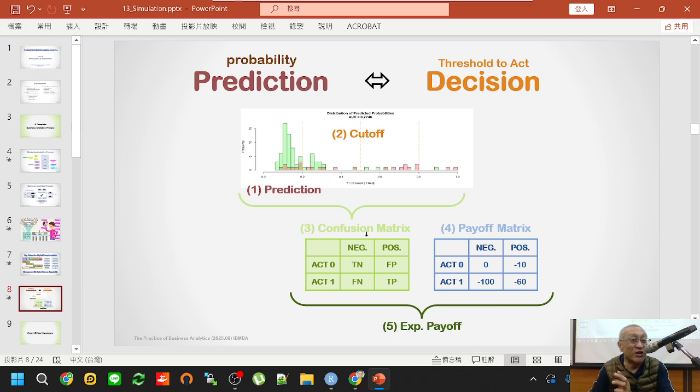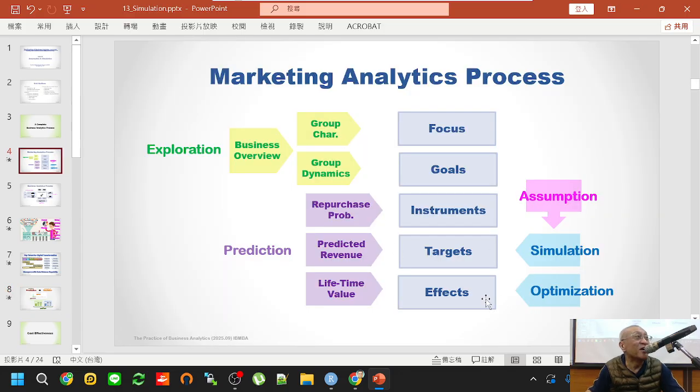So the prediction gives us the probability for each of our customers or patients, but in order to know the expected payoff, we need to make some assumption about the cost effectiveness of the drugs, right? The same thing when we are doing marketing.